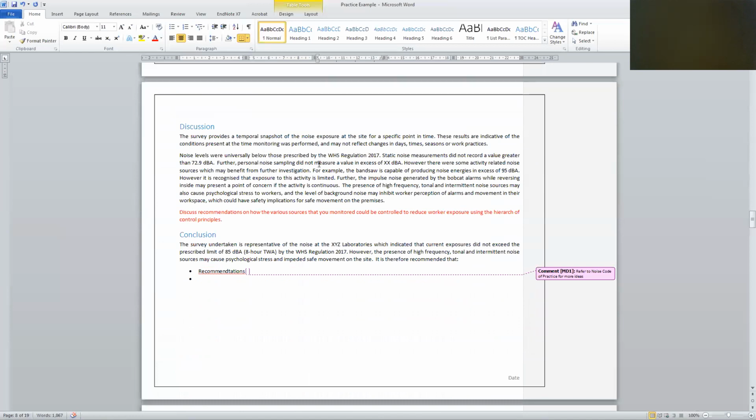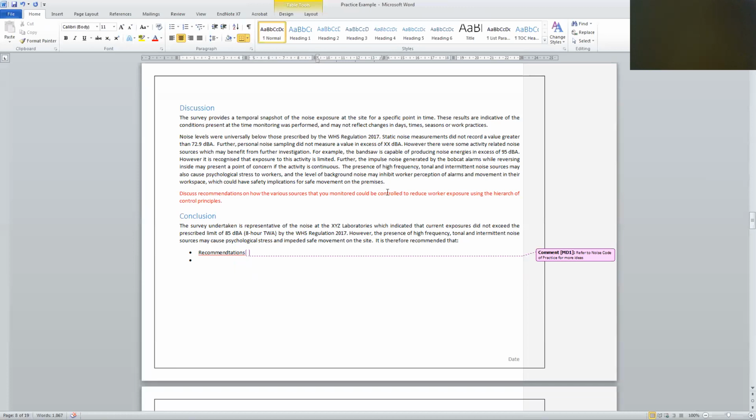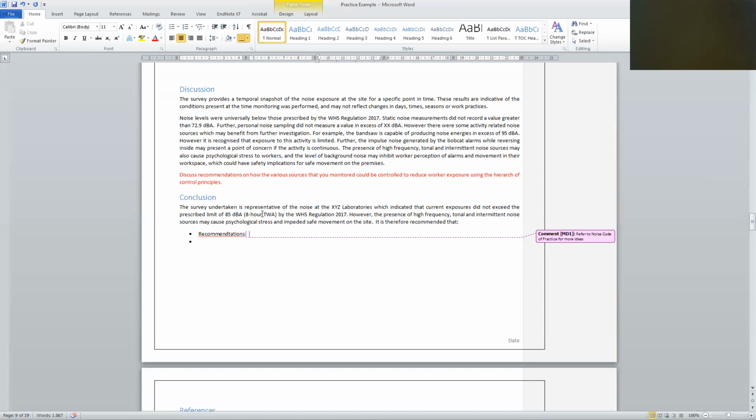However, as we all observed, there were some different high frequencies and intermittent sources which could create irritation and anxiety in workers. So you can hear they were talking a bit about some of those too, how high frequency intermittent noise may cause psychological stress. One thing you'll note here is they haven't referenced anything, so please don't forget to reference. We need to support the data and where it's coming from.